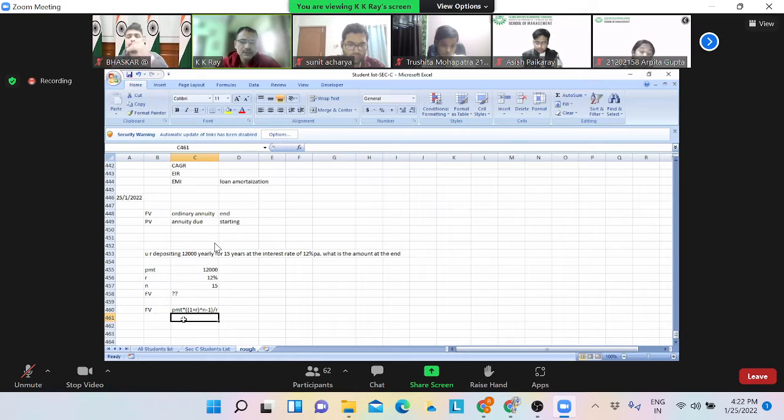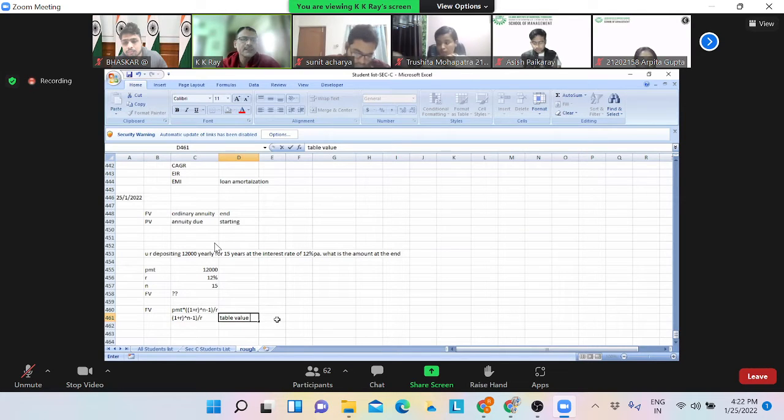So this, (1 plus R) to the power n minus 1 divided by R, is the table value.